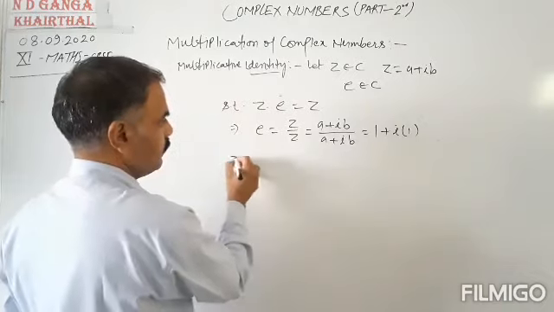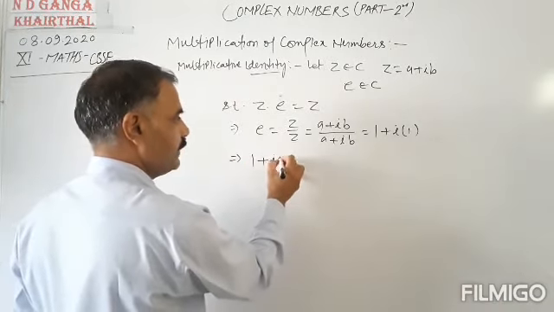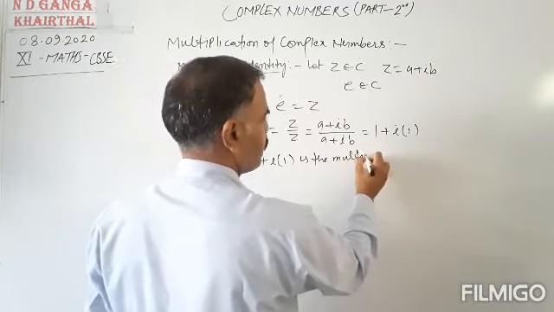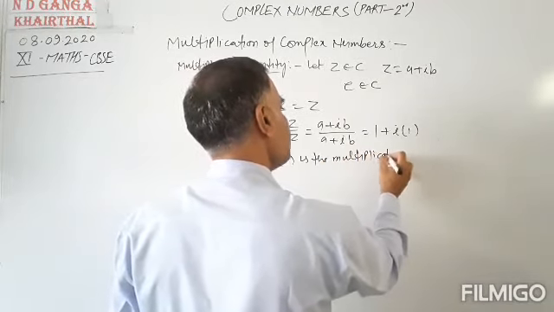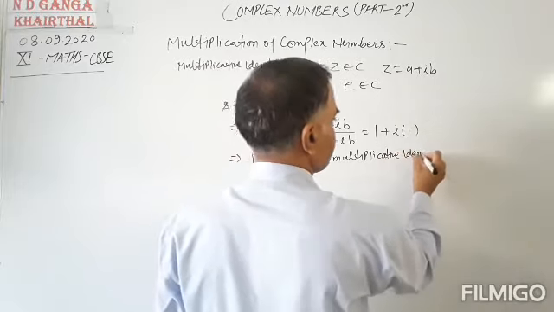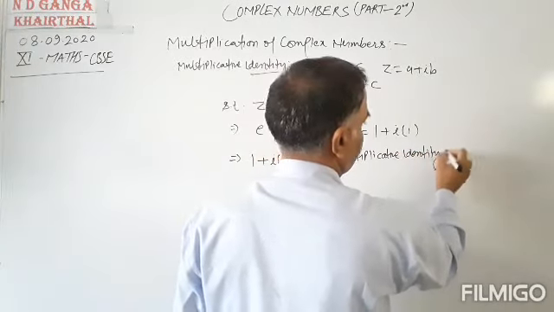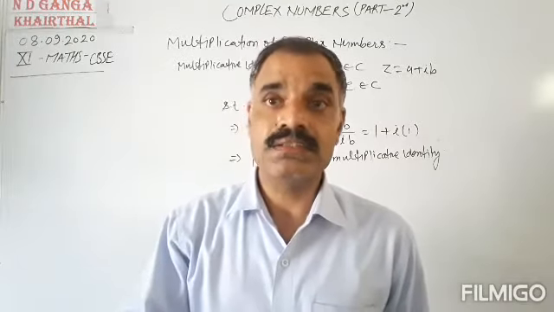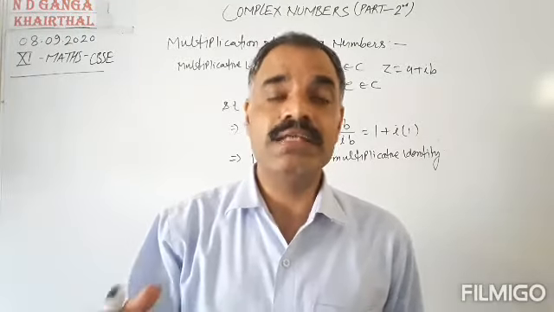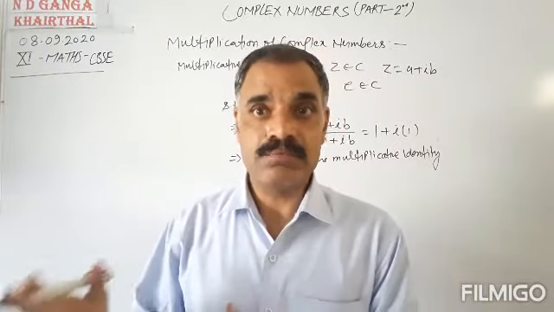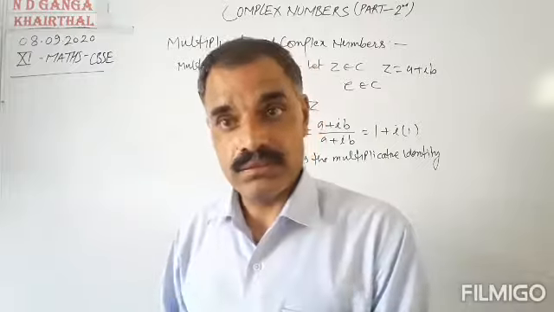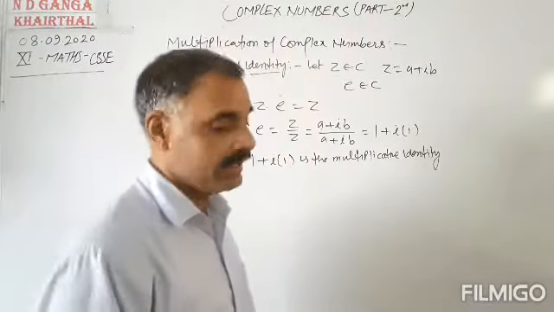Okay, so 1 is the multiplicative identity, means the unit complex number. The unit complex number is the multiplicative identity, as we get the same complex number when we multiply by the unit complex number. Okay, so this is the multiplicative identity.